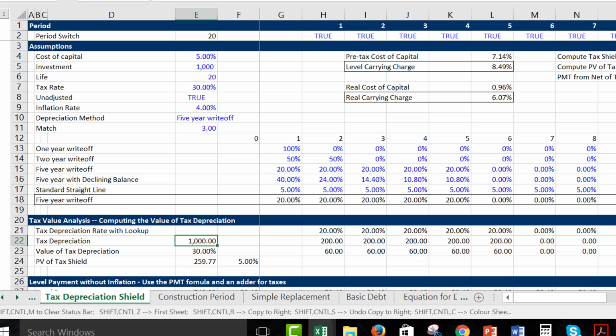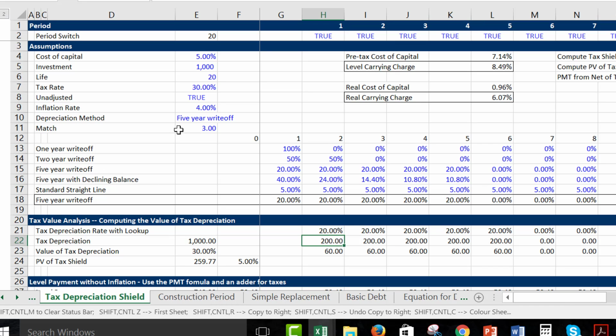Of course I could have colored the sheet and showed you that that's a kind of a direct link. I'm not going to do that. So we just take our depreciation rate.